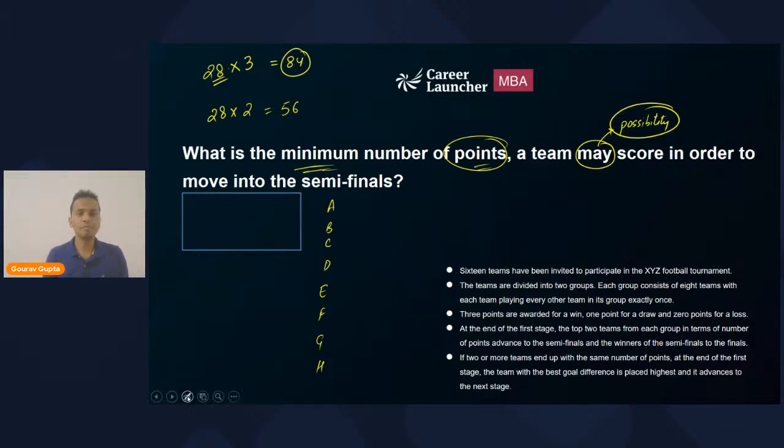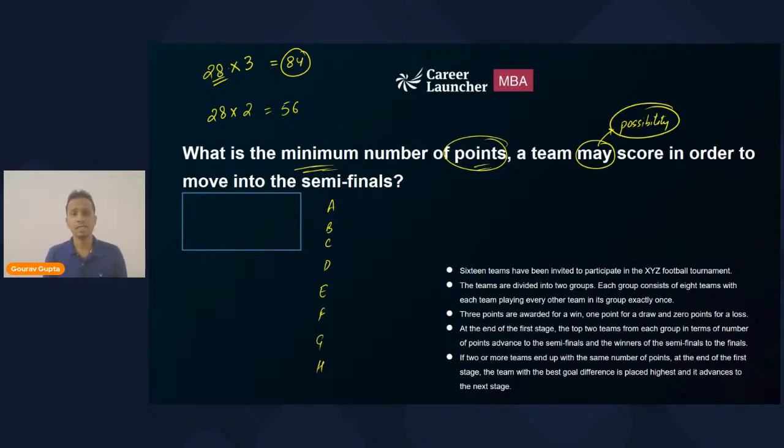We should keep one thing in mind, that every match may not result in a win or a loss. There may be some matches that result in a draw. That will minimize the number of total points, or at least, if not minimize, that will reduce the total number of points which are distributed in the tournament.